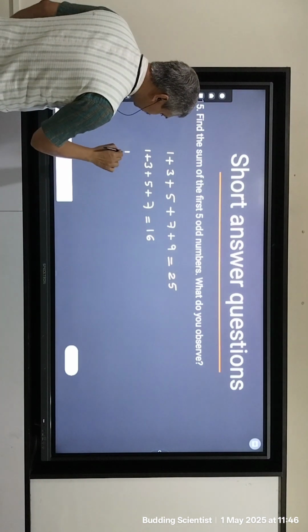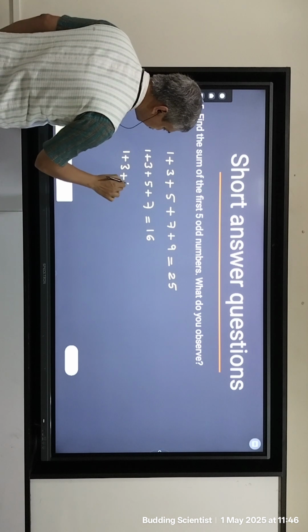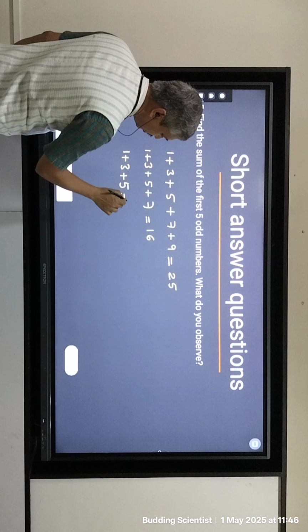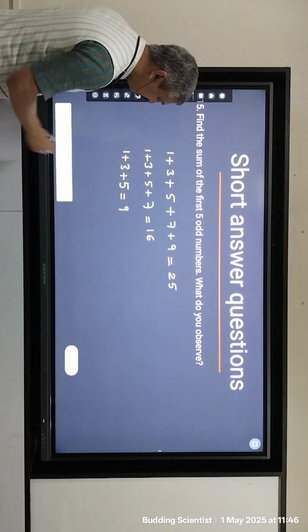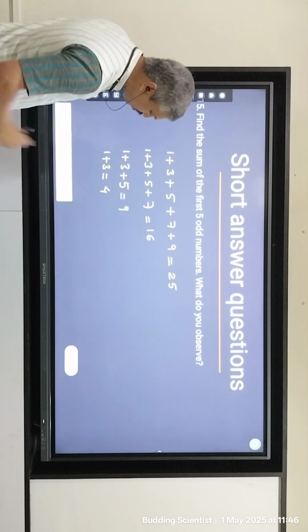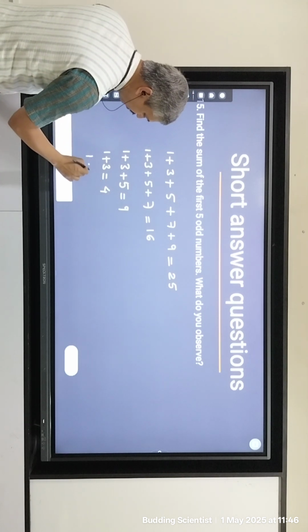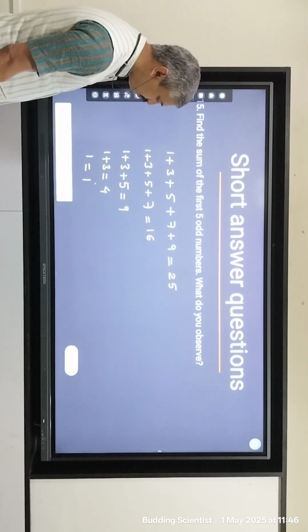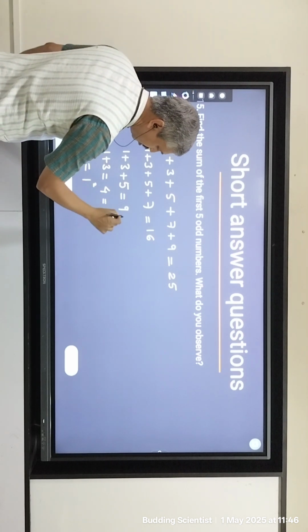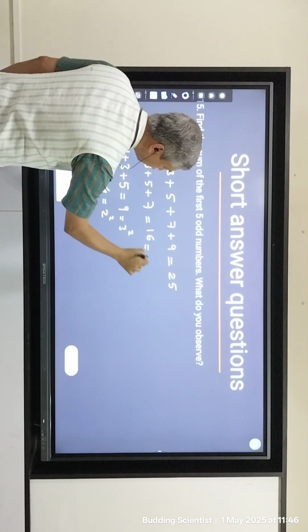First 3 odd numbers, 1 plus 3 plus 5: 1 plus 3 is 4, 4 plus 5 is 9, this is 3 square. First 2 odd numbers, this is 2 square. And only one odd number, that is 1 square. So how many odd numbers did you have?